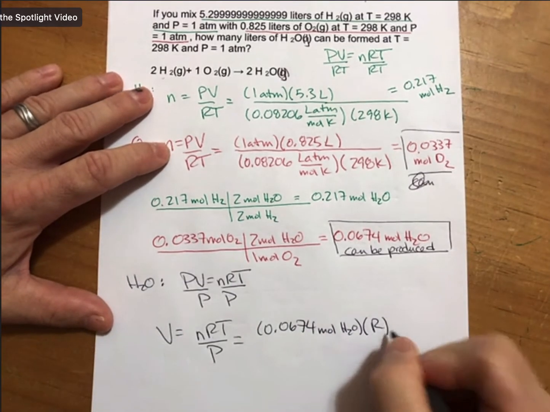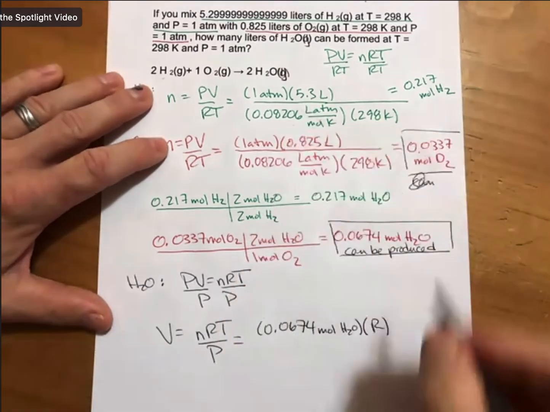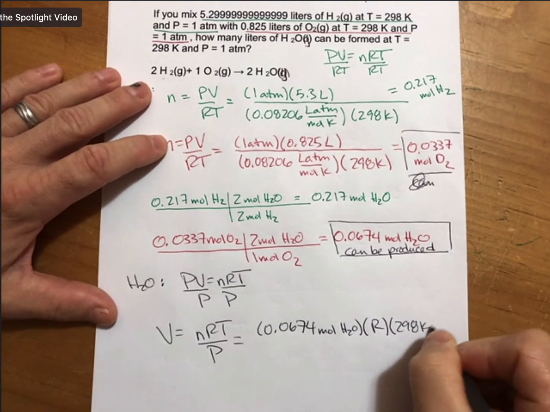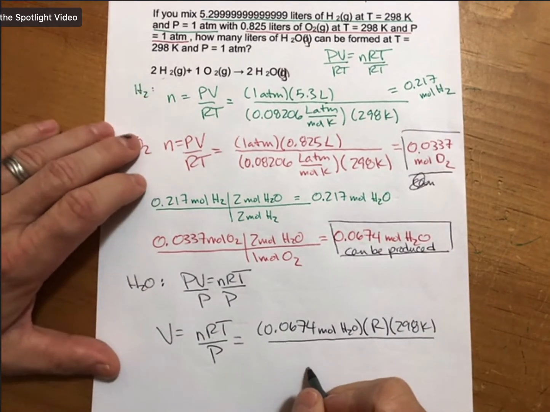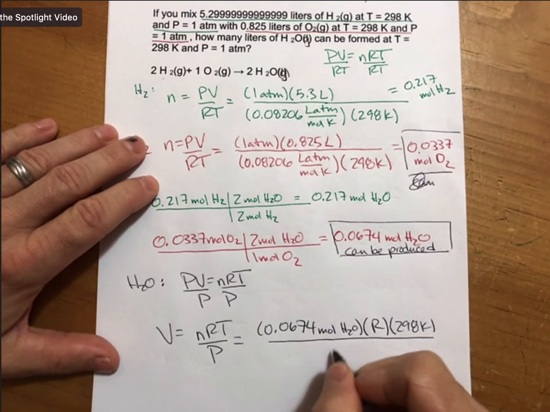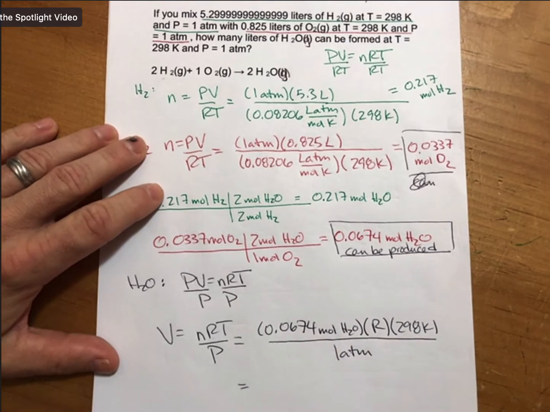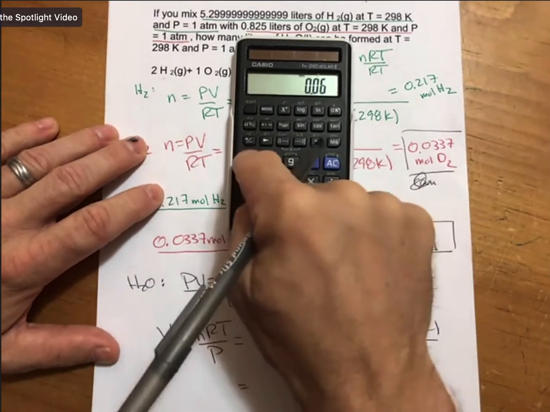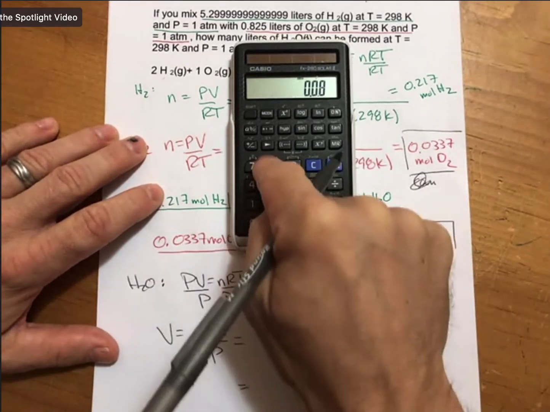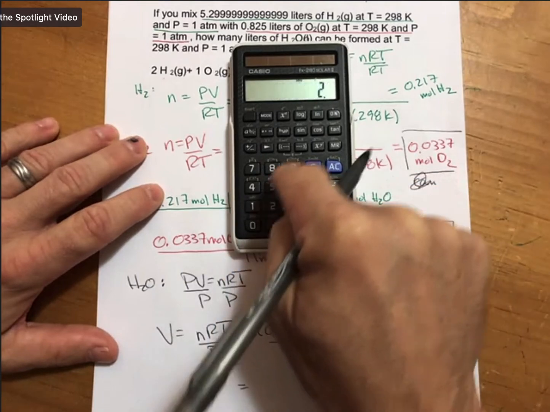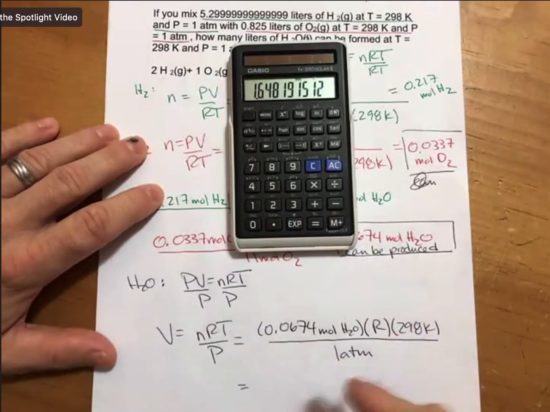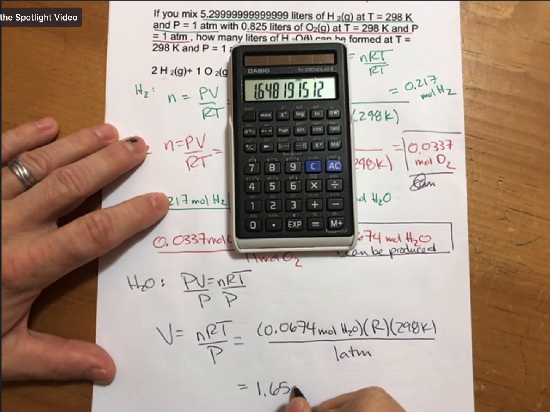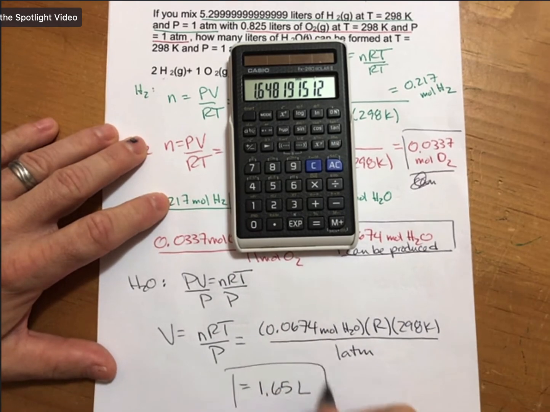For the first time, I'm just going to write R to save space. My temperature is still 298, and my pressure is 1 atmosphere. So very similar to the last problem. I get 1.65 liters as my final answer.